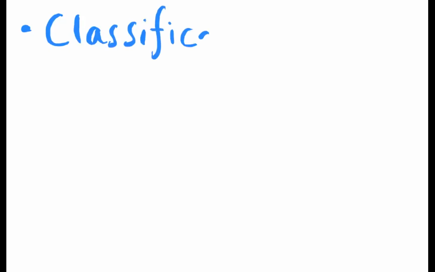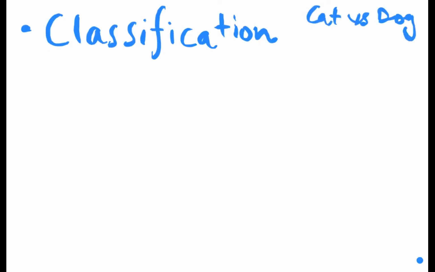I will just refer here to some tasks. Most of them you might already be familiar with. We did not discuss much of them in the class, but you should at least know the basics. So classification, as we know, like a cat versus dog example, or spam versus not spam. That would be a classification task.